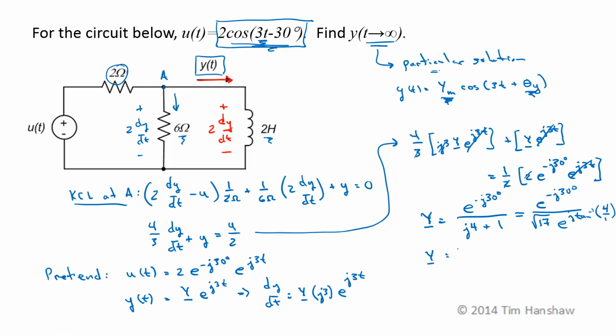So plugging the numbers into a calculator, I get this as being 1 over square root of 17 e to the minus j 106 degrees. So y of t becomes 1 over square root of 17 cosine of the frequency, 3 radians per second, t minus 106 degrees.